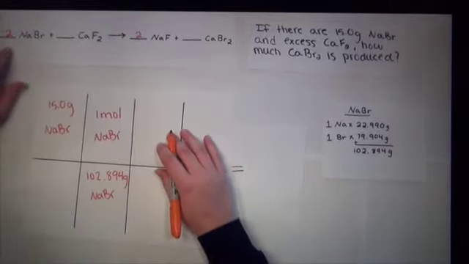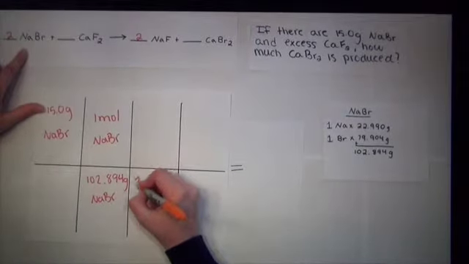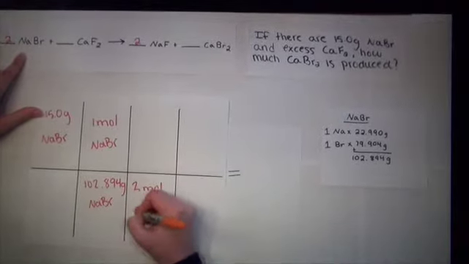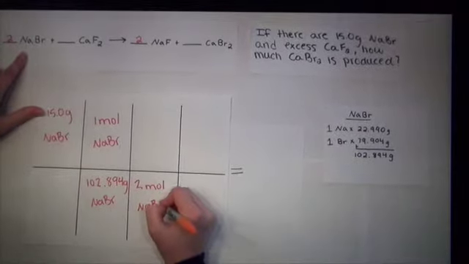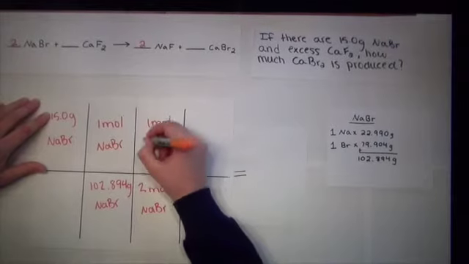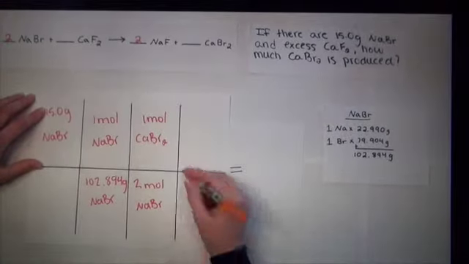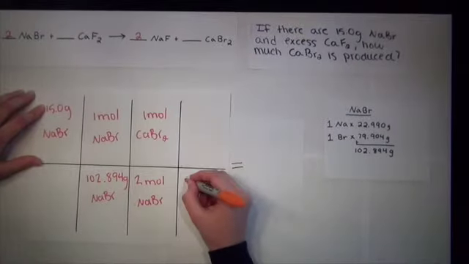Then we go to our equation for the mole ratio. So for every 2 moles of sodium bromide, we get 1 mole calcium bromide. So now we go back down to moles, because we're going to turn it into grams.